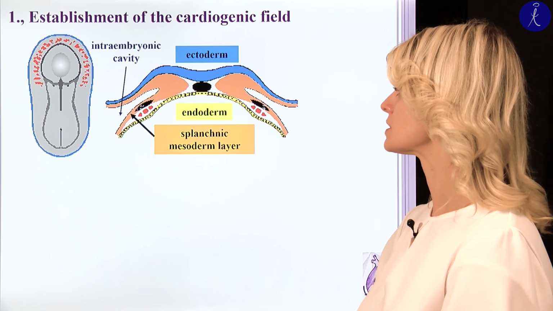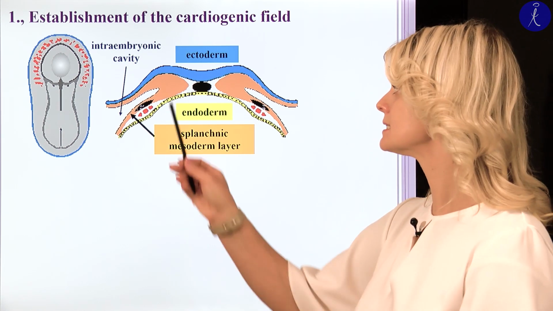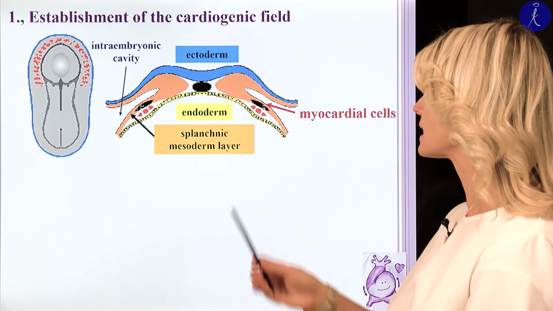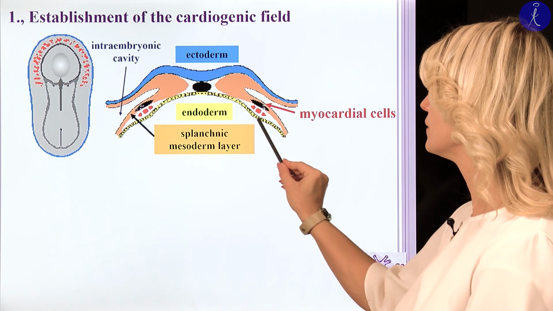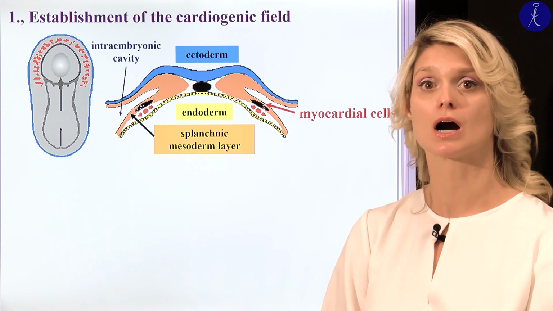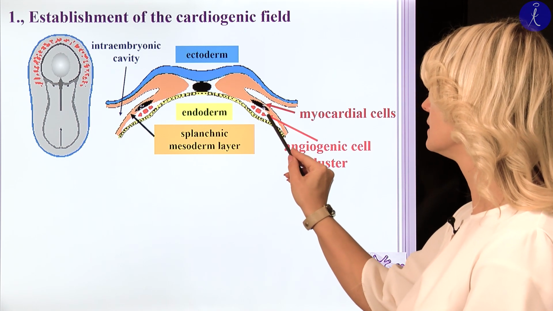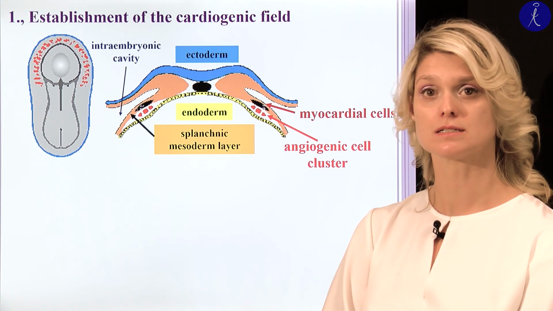This cavity, which is located between the lateral plate parts, is the intraembryonic cavity. And as I told you, within this layer you can find those cells from which the myocardial cells will develop, and these are the cells which will form the vessels.